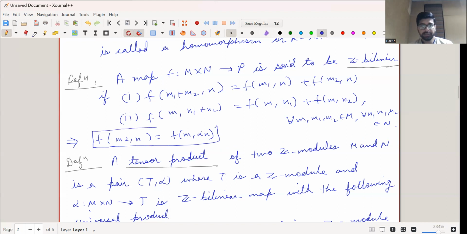The only difference when defining a Z tensor product and an R tensor product is that here this is already given by the first two properties for Z modules. But when you define an R balanced map and then the tensor product of R modules, you have to consider this third property also.